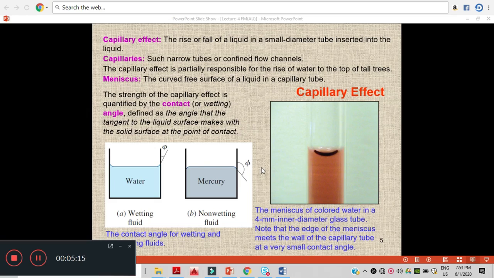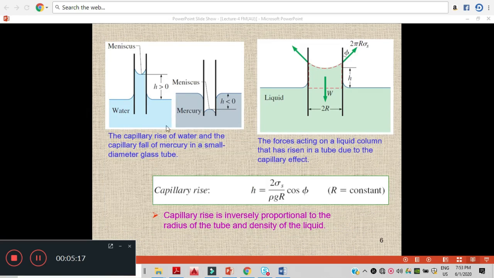Let's move on to the next slide. You can see two capillary tubes, one in water and one in mercury. If the molecules of a liquid have greater adhesion than cohesion, then it wets the solid surface.